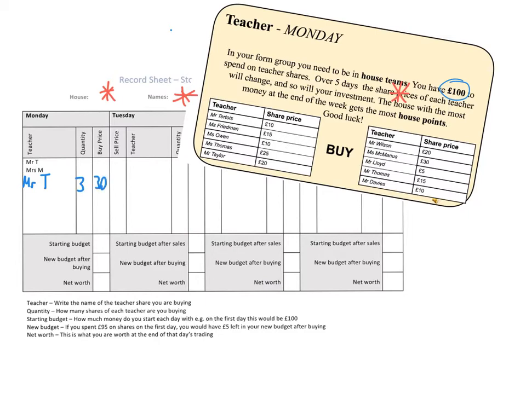And let's say they wanted to buy 2 shares of Miss Thomas, so that would cost them £50. So their starting budget was £100, and the new budget after buying, so they've spent £80, so they're left with £20. So their net worth is now the amount of money they've got in shares plus the cash they had left over. So that's 80, that should be £100.